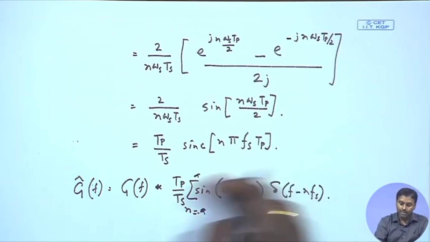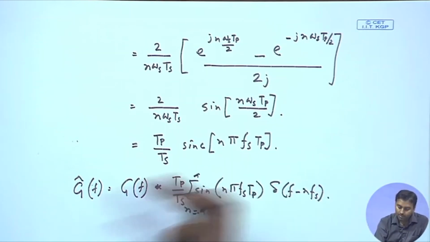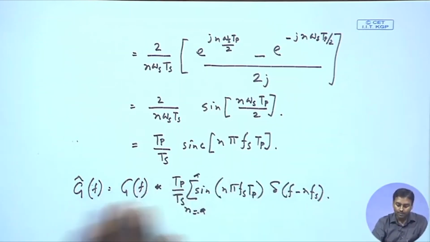So, this is the Fourier transform of that q(t), because it is just exponential. Correspondingly it will create a delta at every f_s, and the strength will be the corresponding sinc. So, this is what we get.